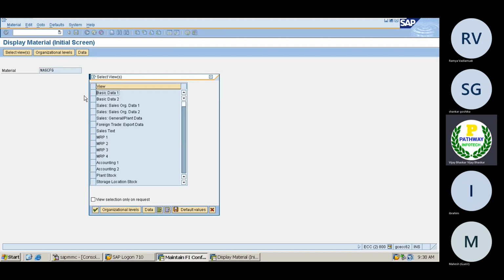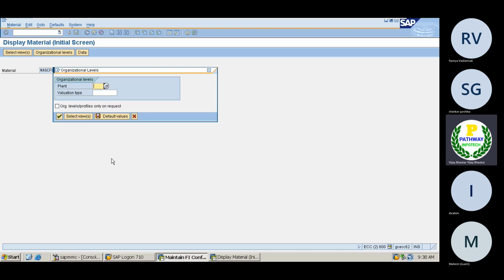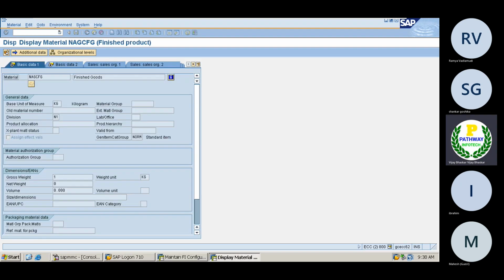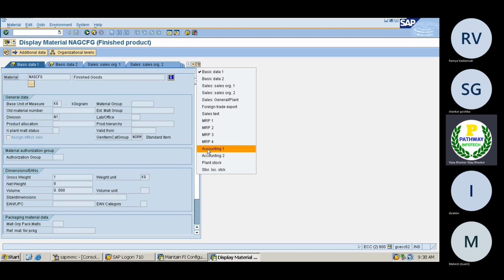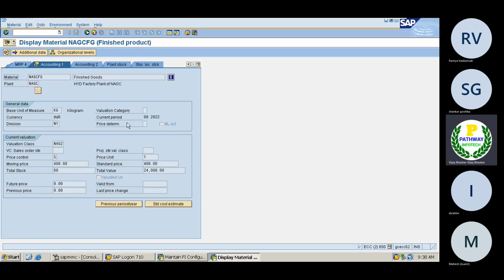Let me display this material, basic data. I want only accounting one, because in this accounting one tab we are going to map the valuation class. I'm just coming to the accounting one tab.